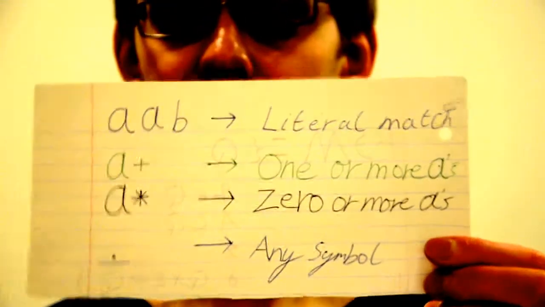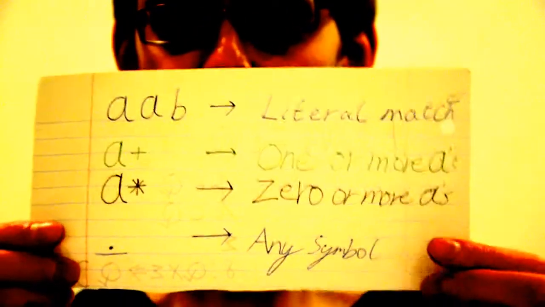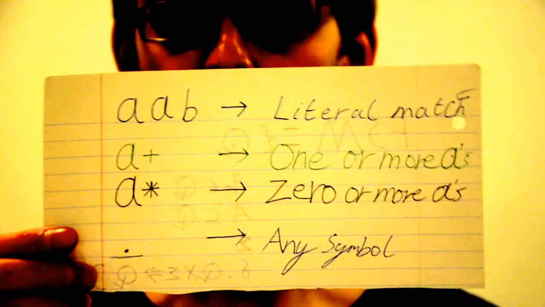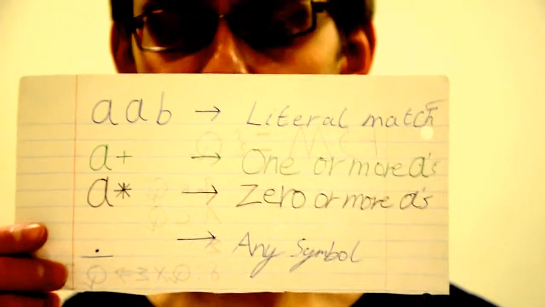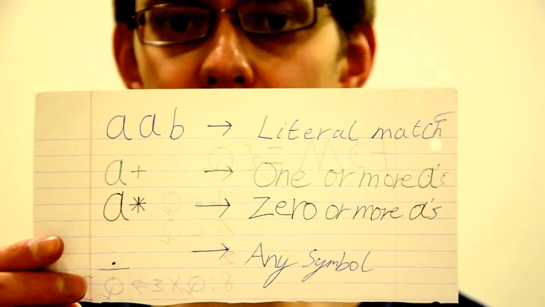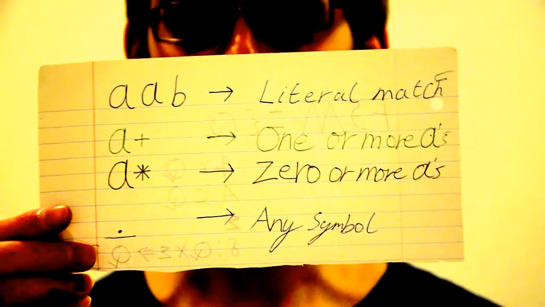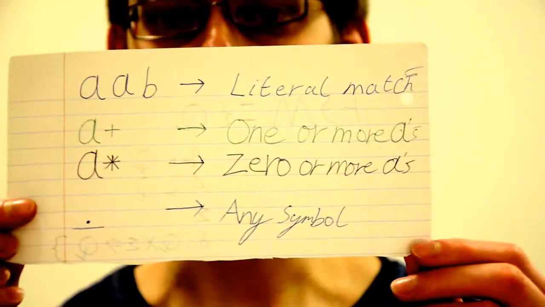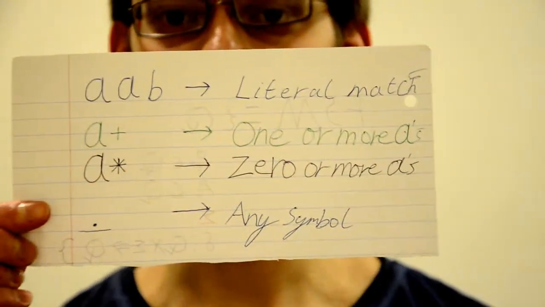Then we start to get some ambiguity and some possibility for recursion with the plus postfix symbol, which we're interpreting as meaning one or more repetitions of the symbol preceding it, and the star, which is zero or more, and then just the dot, which will accept any symbol.